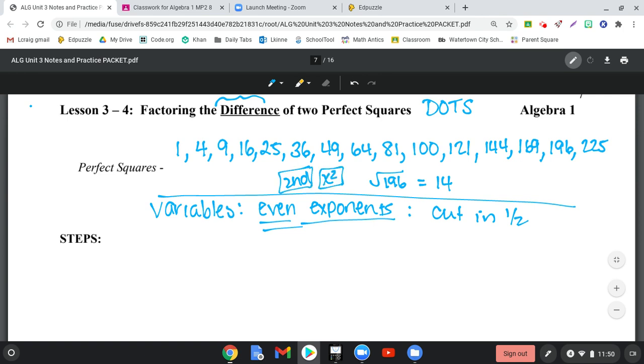All right, so the first thing that we need to do is make sure that we have a difference of two squares, DOTS. So if you don't see a perfect square, if you don't see subtraction, then we can't do this. So step 1, do you see subtraction?